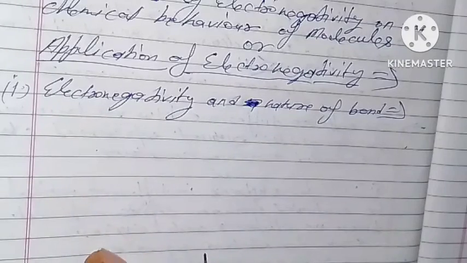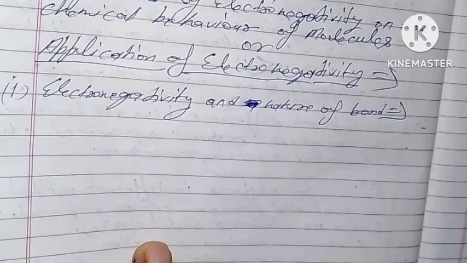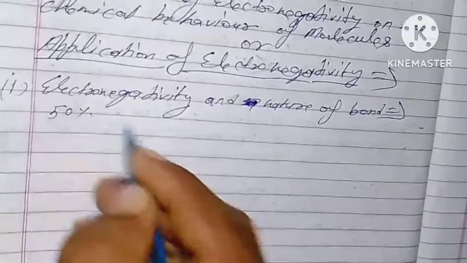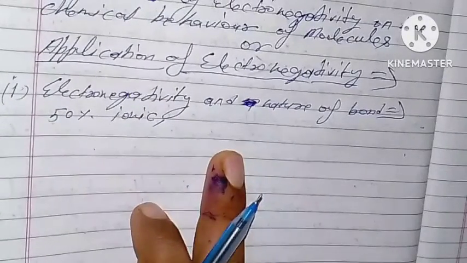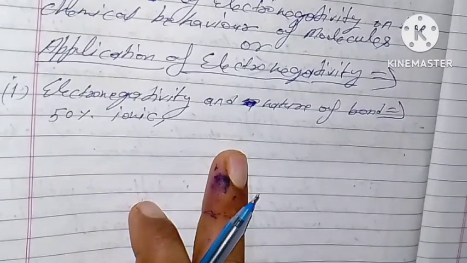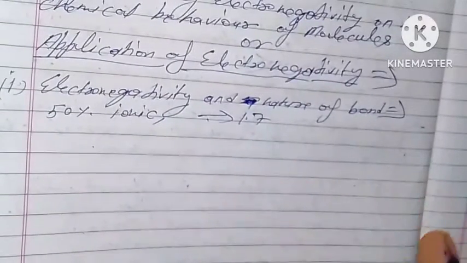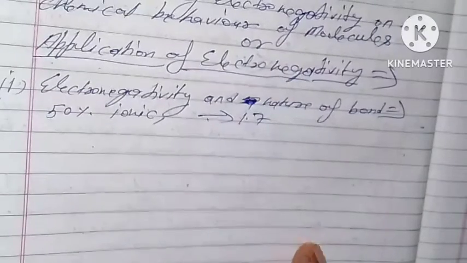According to Pauling, if the difference in electronegativity values of two atoms is equal to 1.7, the bond between them is 50% ionic.